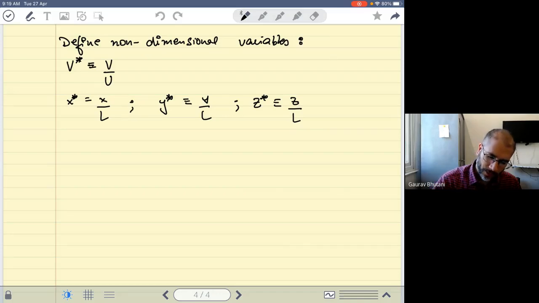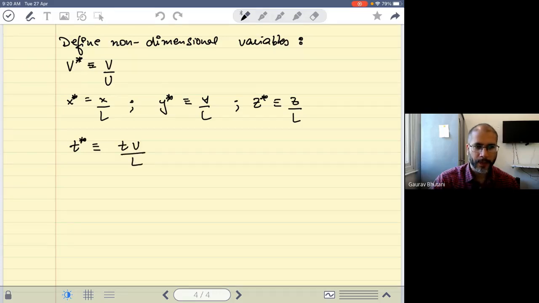The next is time. To non-dimensionalize time, we need both U and L, because U also has a length, so we can cancel that length out using the L. So this is how we non-dimensionalize time.